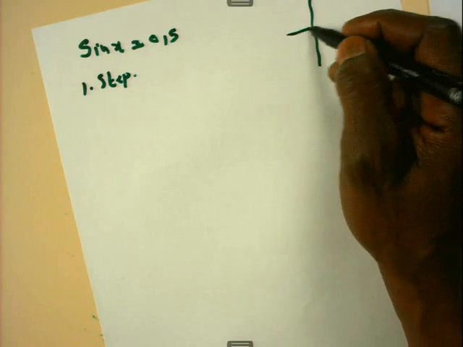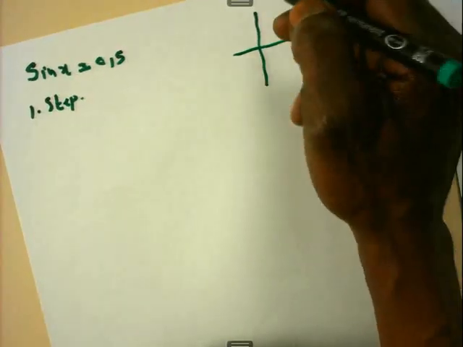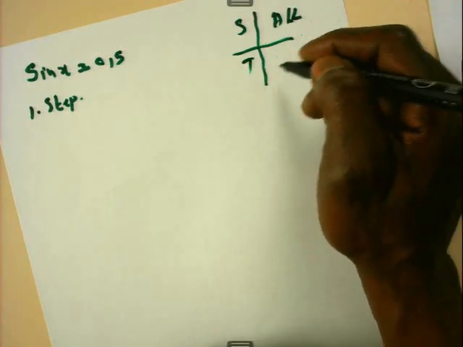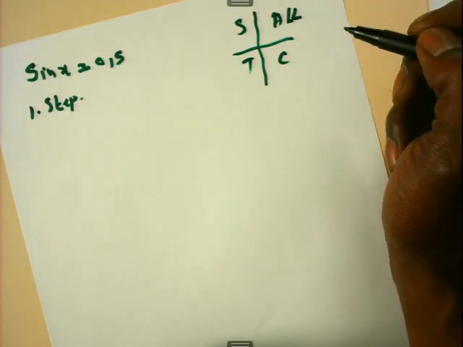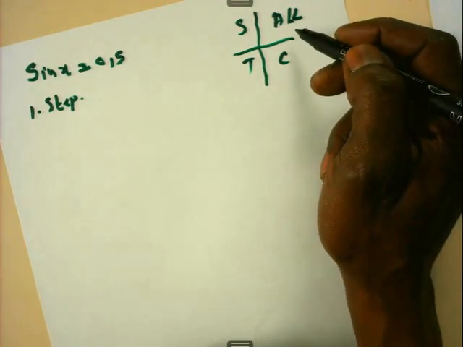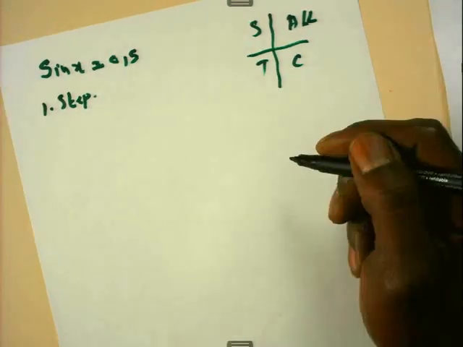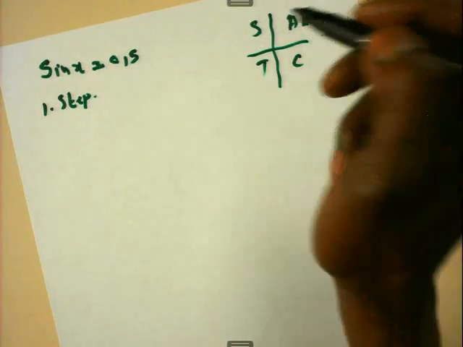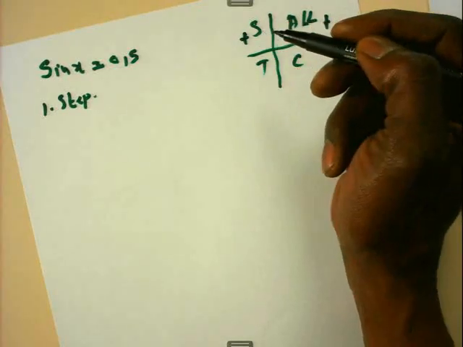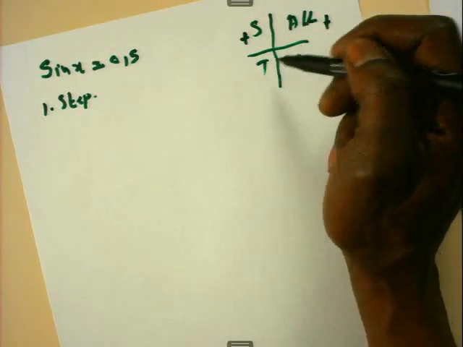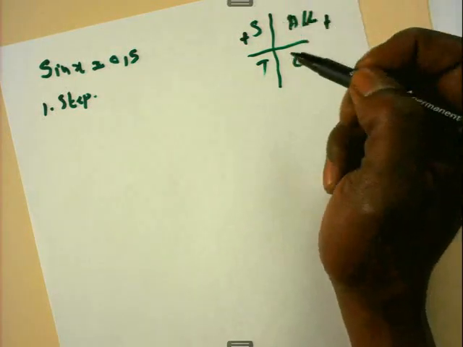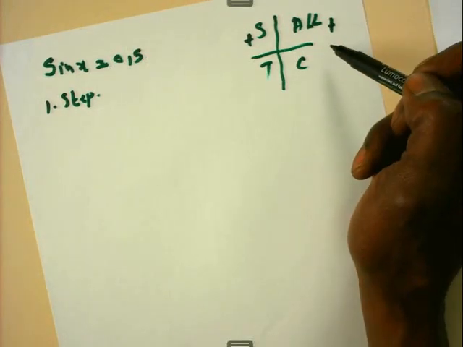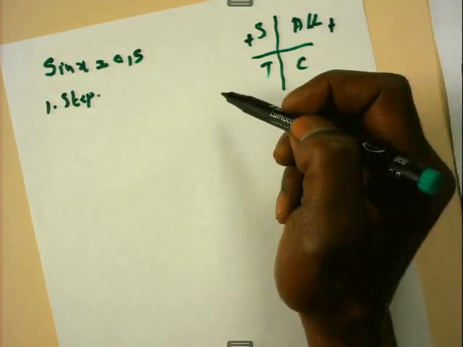Now, if we use our Cartesian plane, they normally have some clues for this, and the recent one that I've heard is all stupid teachers. So all these ratios are positive in the first quadrant. In the second quadrant, only sine and its reciprocal are positive. So when we solve this trigonometric equation, we are going to confine ourselves in the first quadrant and the second quadrant.